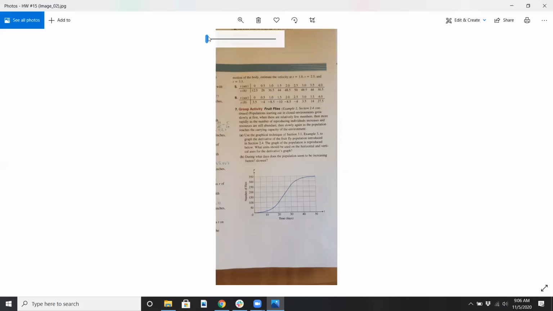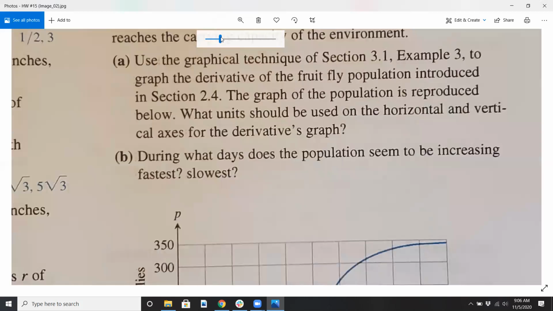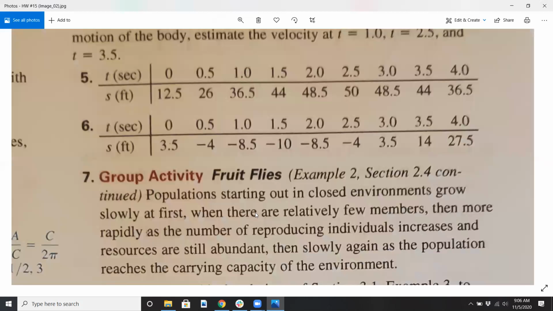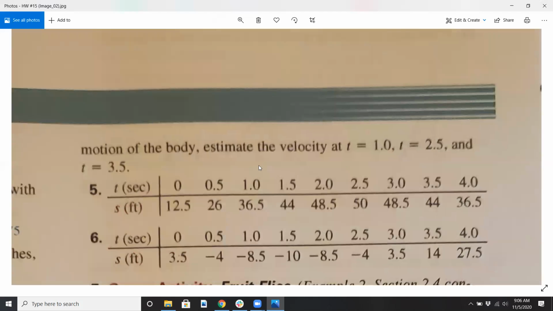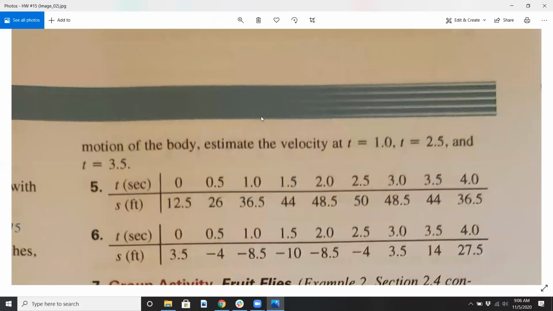So yeah, it's kind of open-ended somewhat, because you are estimating the velocity. So what you could do is just make a coordinate plane, plot some points like 0, 12.5. We'll say that's 12.5 right there. 0.5, 26.